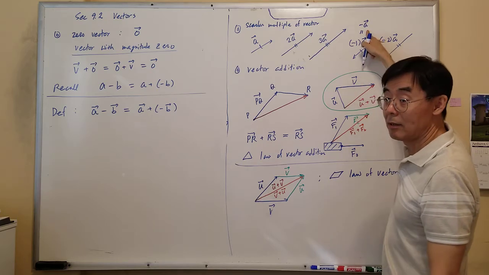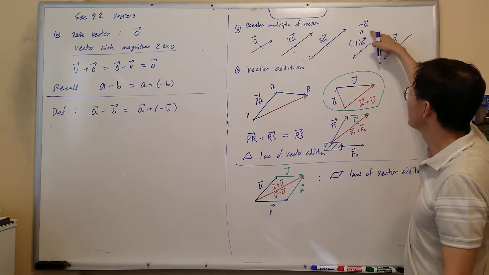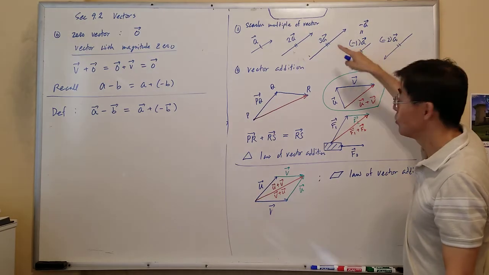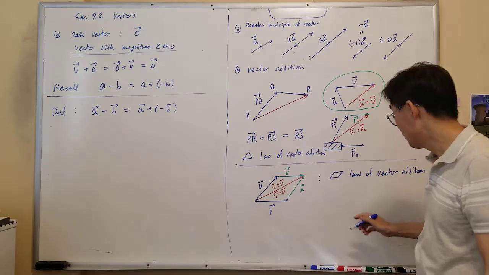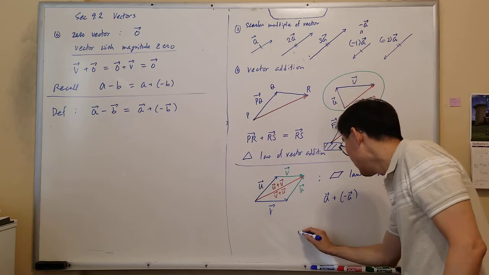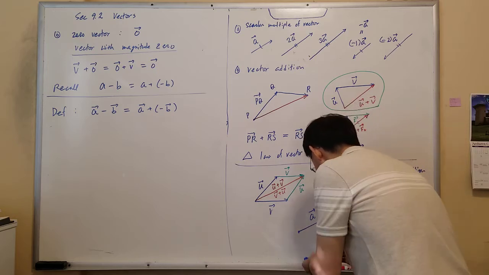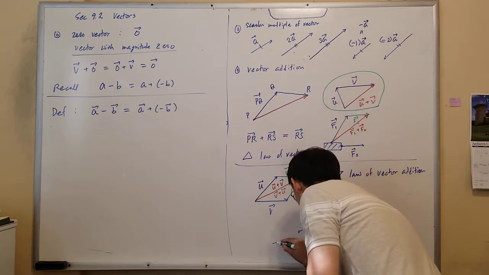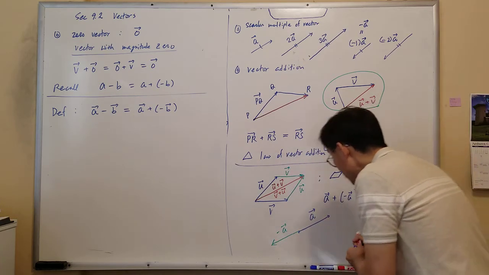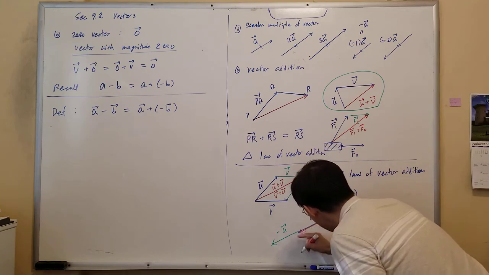And this is actually the additive inverse of vector A, because A followed by negative A comes back to where you started, right? Think about it. A minus A can be drawn: minus A is over here, the opposite direction, the same magnitude. If I draw A starting from here, you come back to where you started.